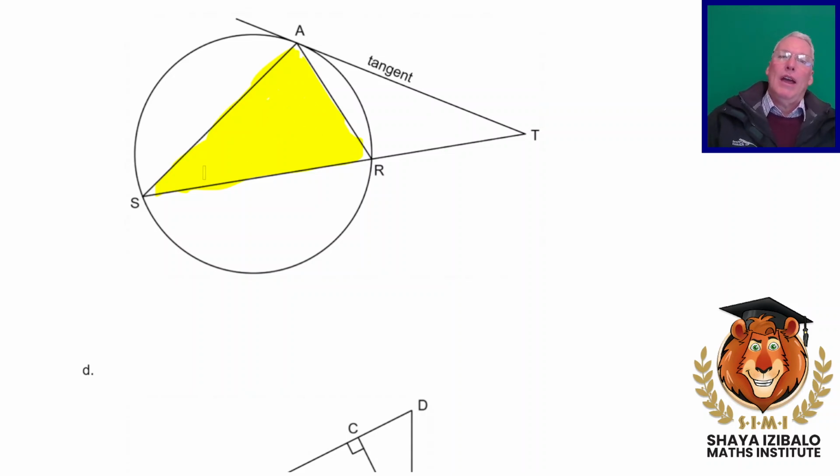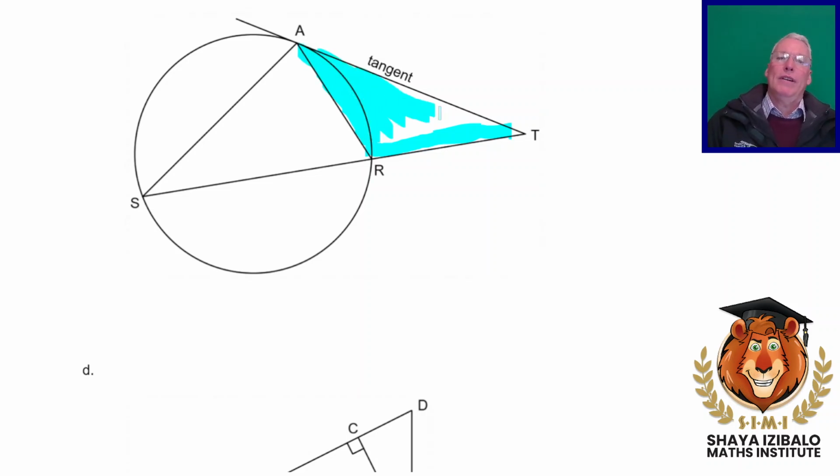Okay, but I'm not seeing anything else, right? What about the big one and this one? Right, now the big one and this little blue one, they share an angle too. But we've got a tangent.